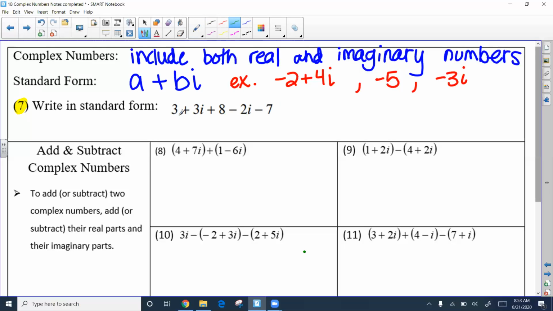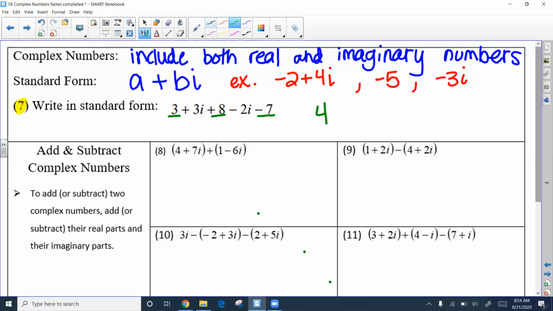In order to write it in standard form, there should only be one a value or one real part. So I'm going to combine all the real parts. I have a +3, a +8, and a -7 that I'm going to combine. So it's basically like combining like terms. All the numbers by themselves, the real parts, are like terms. So 3 plus 8 is 11, minus 7 is 4. So the real part, the a, is 4.